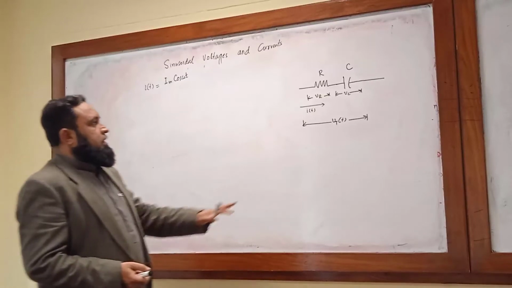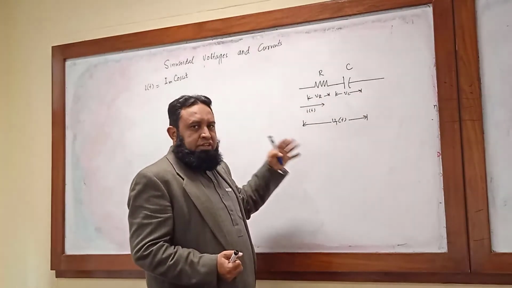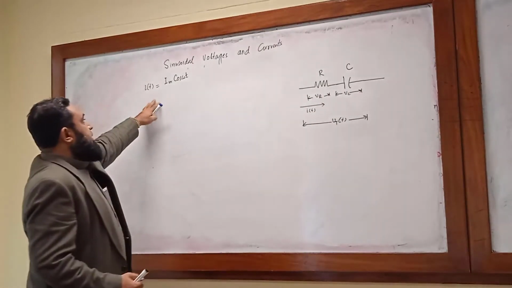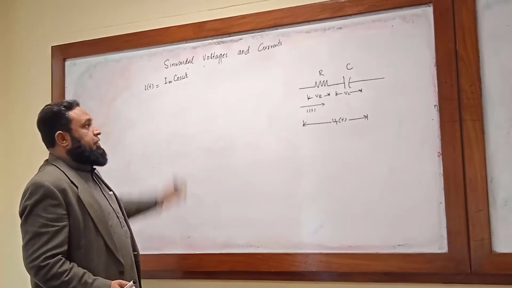Okay, so now consider an RC circuit, and current i(t) is flowing, and let's assume that the current i(t) is equal to Im cosine of omega t.